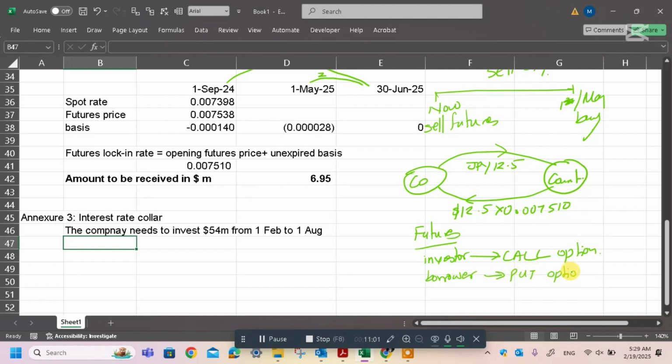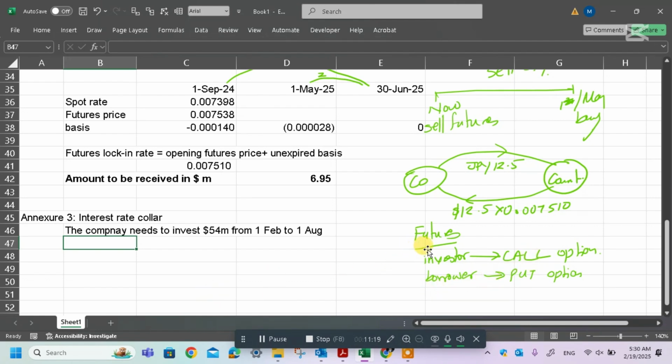Why so, we know the details. We have already studied in the theory how a call option protects the investor and how a put option protects the borrower. But for the exam, just remember this point: interest rate futures, investor needs a call option, borrower needs a put option.